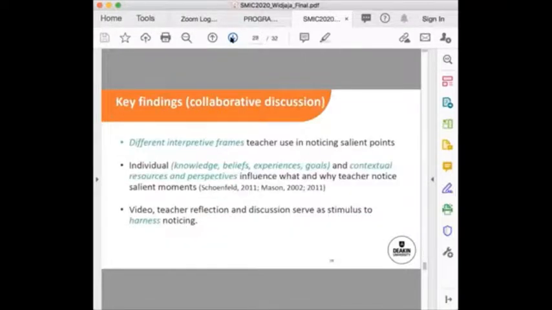So I think the key findings in terms of collaborative discussions, we see that there are different frames that the teachers used in noticing salient or important moments. Obviously, it is influenced by their individual knowledge, beliefs, and experiences, and the contextual resources and perspectives as well.